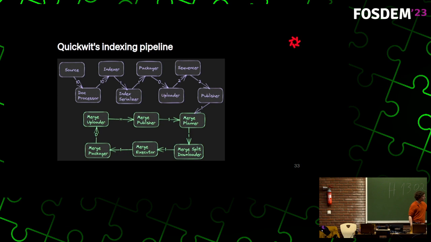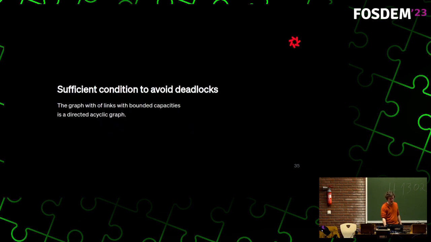The cycle that we had was due to the fact that we have an auxiliary pipeline that is merging the files together, and there is an arrow over there. Sorry, I'm going to cross the line. I did it. I apologize. If you remove this arrow, then it's a DAG, and that's a sufficient condition to never experience deadlock. It helps me sleep at night.